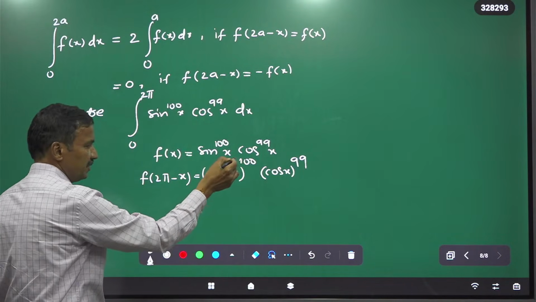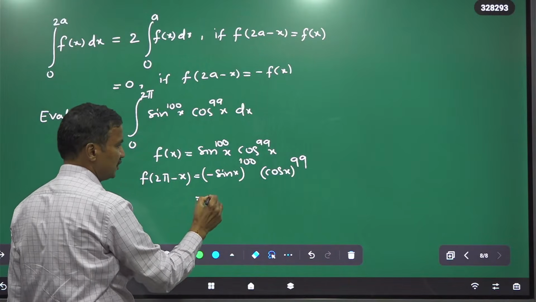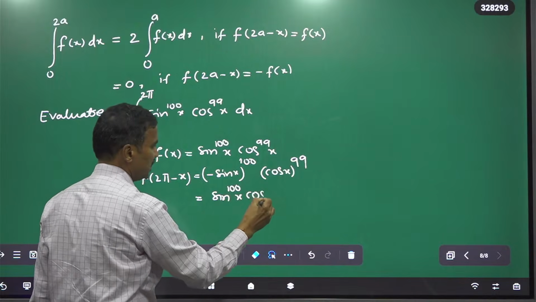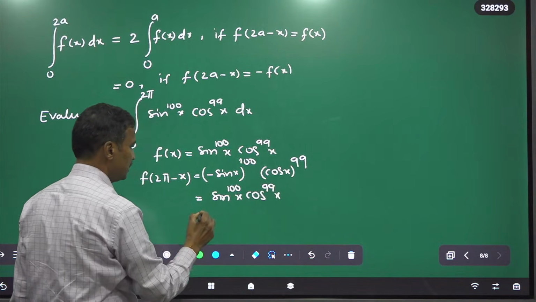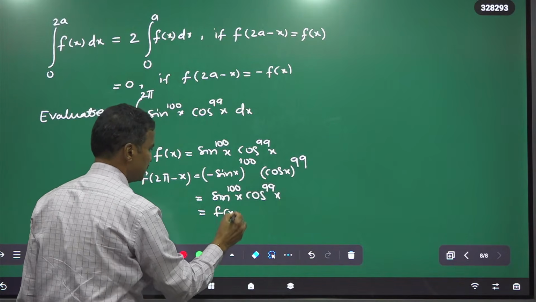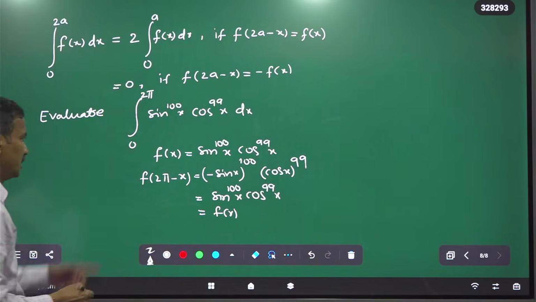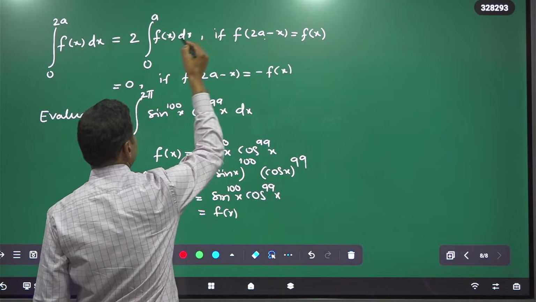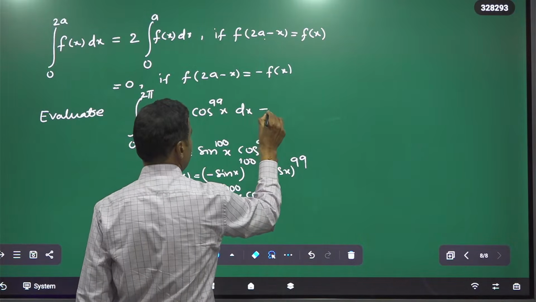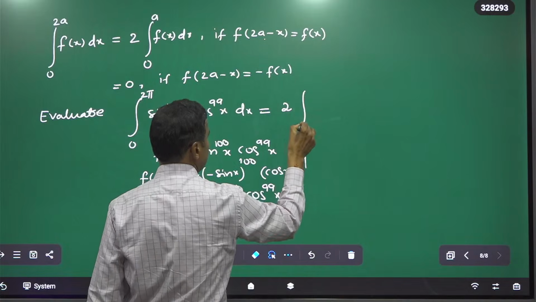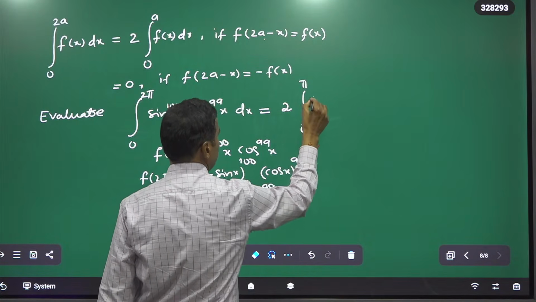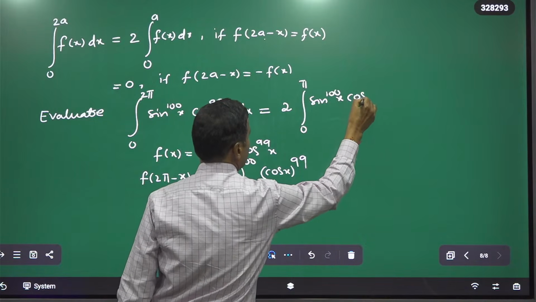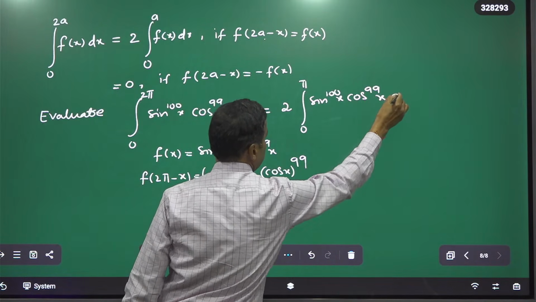Here an even power is there, so it becomes plus only, that is sin power 100x into cos power 99x, which is equal to f of x. So it is satisfied, f of 2 pi minus x is equal to f of x. Therefore, this integral can be written as 2 into integral 0 to pi sin power 100x into cos power 99x dx.